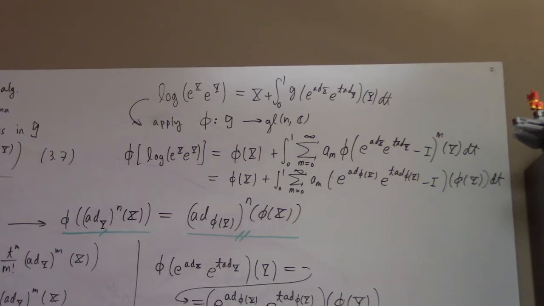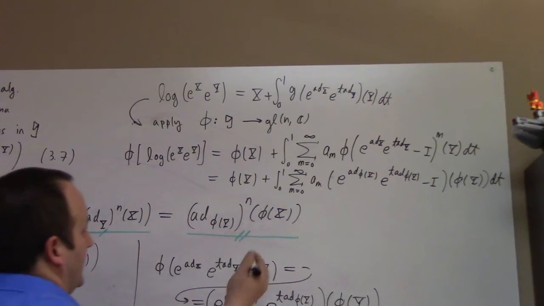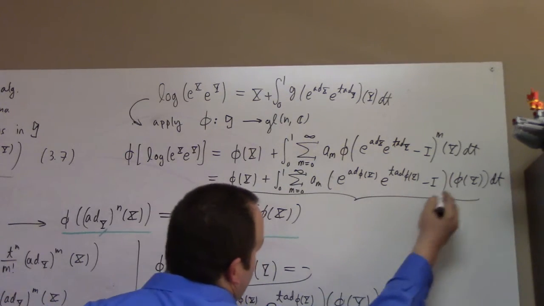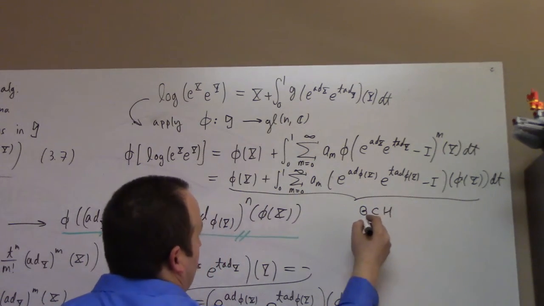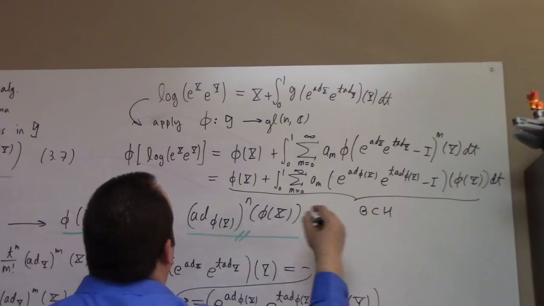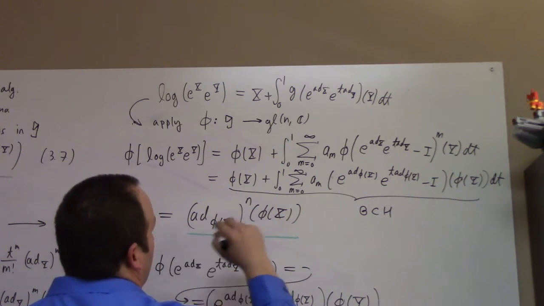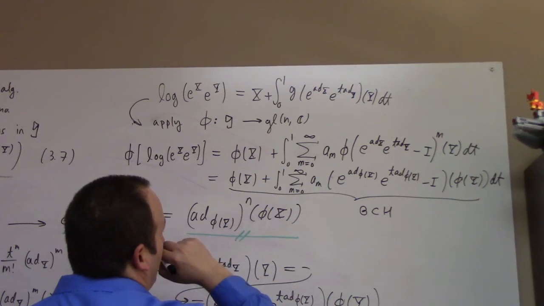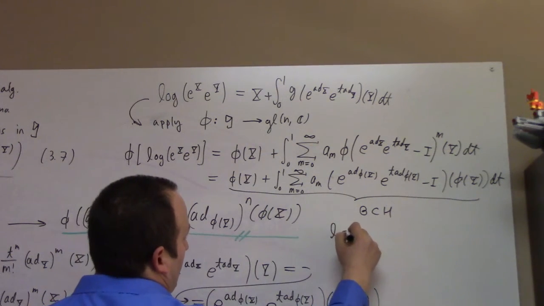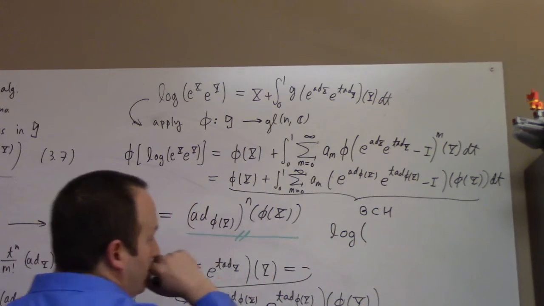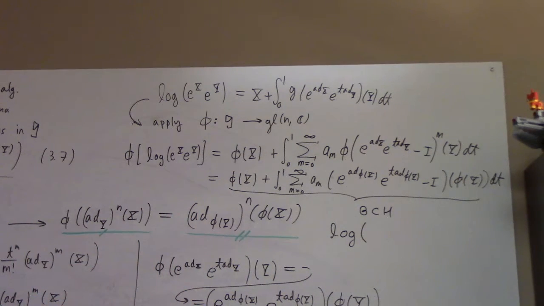Alright, and then what? Oh, then you apply the Baker-Campbell-Hausdorff one more time. This, by BCH, is literally log of, see, we've got phi of x and phi of y replacing x and y in this identity.